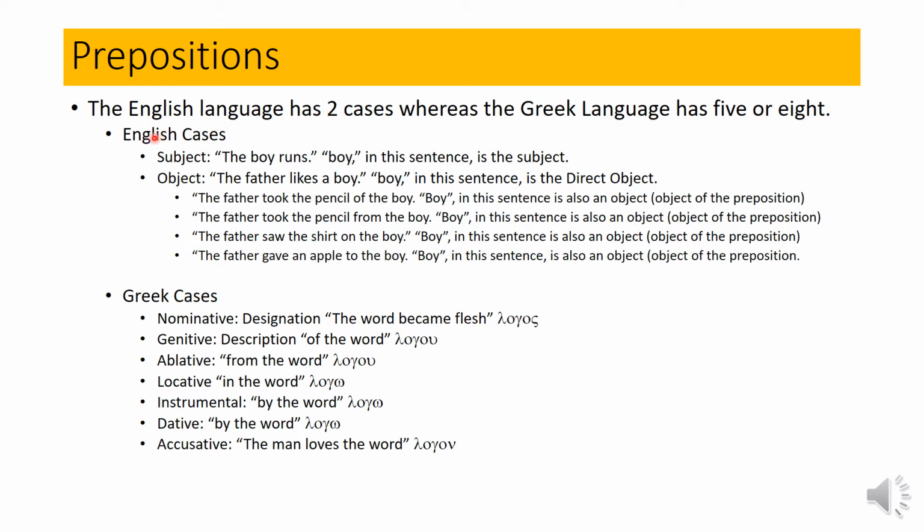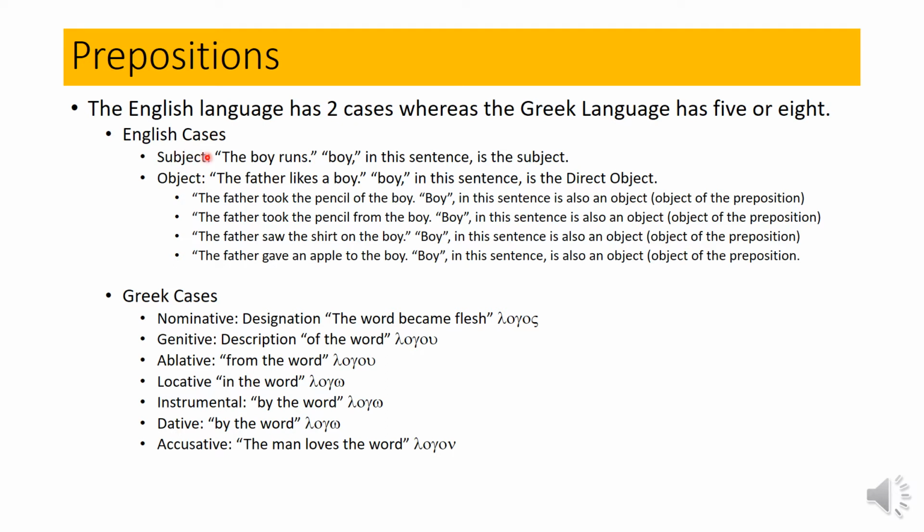English grammarians also recognize English cases. Most English grammarians will recognize 2 cases. Now, some 3, but I will mention the third one a little later. But in its essence, most English grammarians will recognize 2 cases, the subject case and the object case.